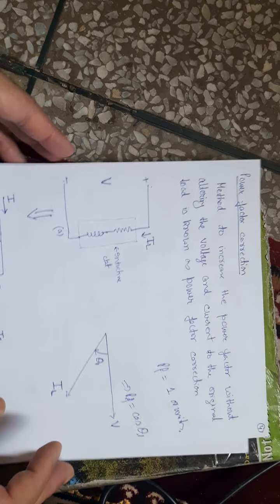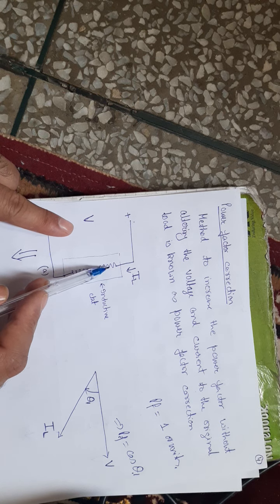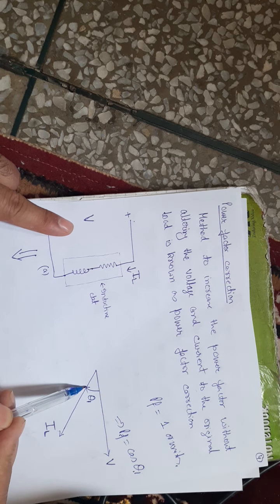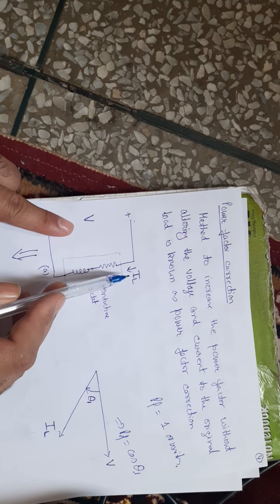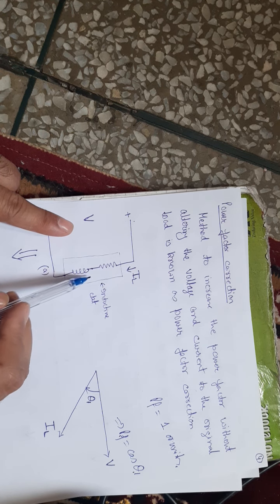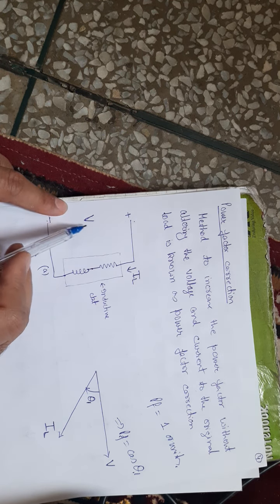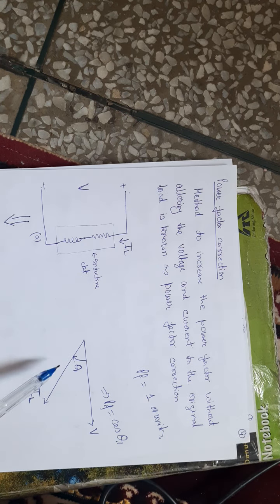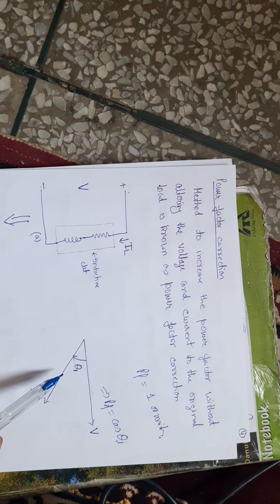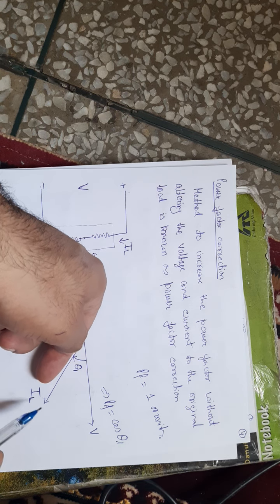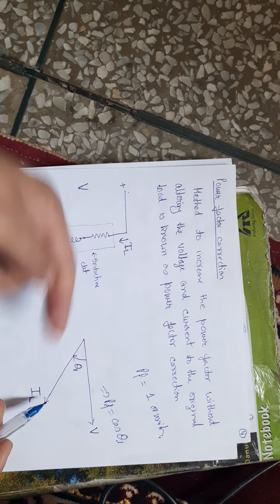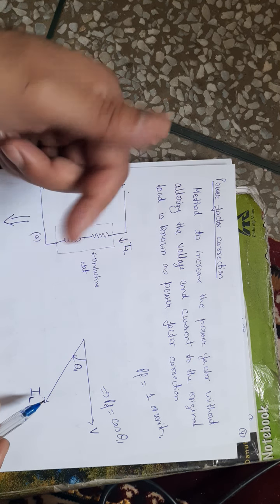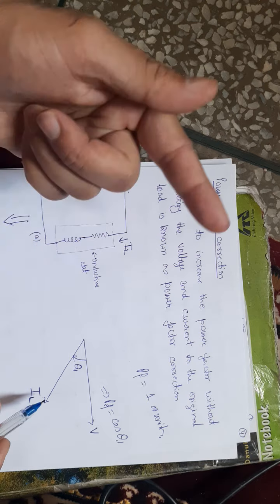Okay, so I will improve the power factor of this circuit, or I will reduce theta 1 to some other angle theta 2, without altering the IL that is flowing in this circuit and without altering the voltage V across this circuit. Since this is a lagging circuit, I will add some component here so that the current across that element is a leading current.